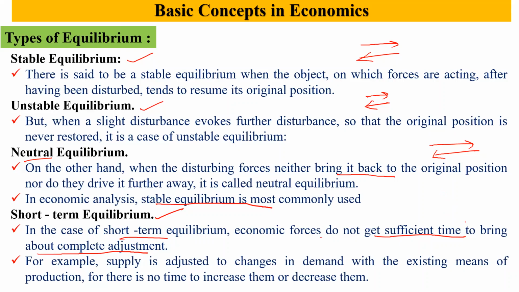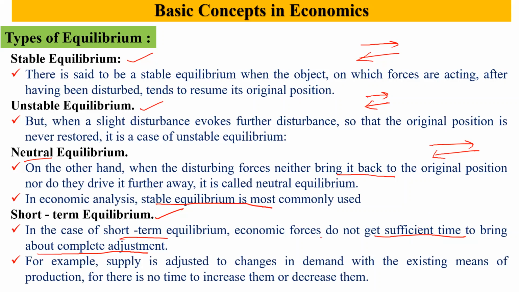Suddenly there is an increase in demand for rice, but we cannot increase the supply. Demand will change within a few minutes or a few hours. We cannot change the supply. Whatever is the product produced in that season, that will be our supply. So supply we cannot adjust fully to the change in the demand.